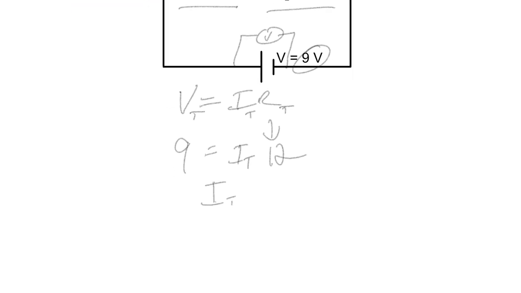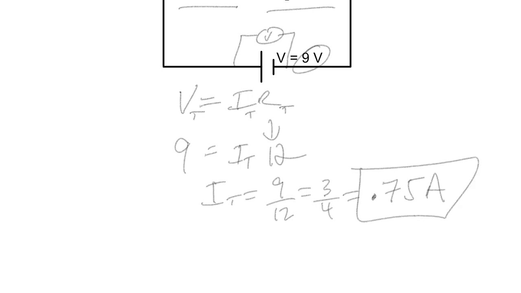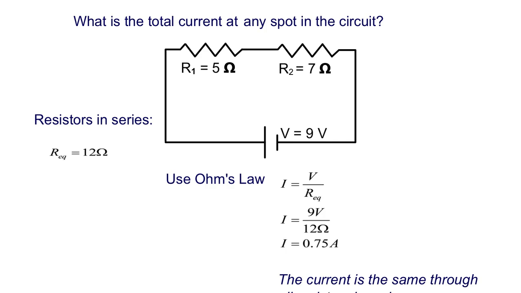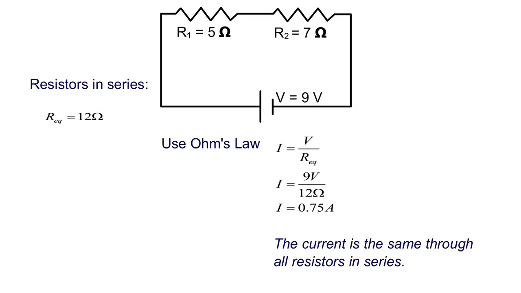So IT equals 9 divided by 12. That'd be 3/4, which is 0.75 amps. And here you see they did what I just did.